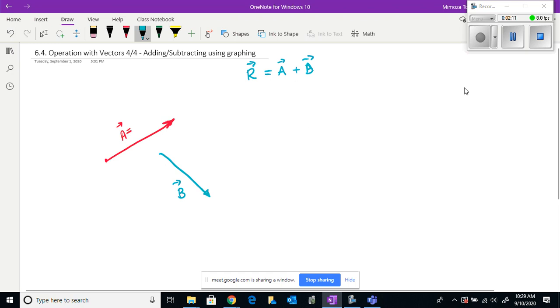Since we don't have those angles, we may measure them, but we are just looking at them from the graphical point of view. How can we add those vectors using graphing? We use two methods. Let's take a look at the first one.